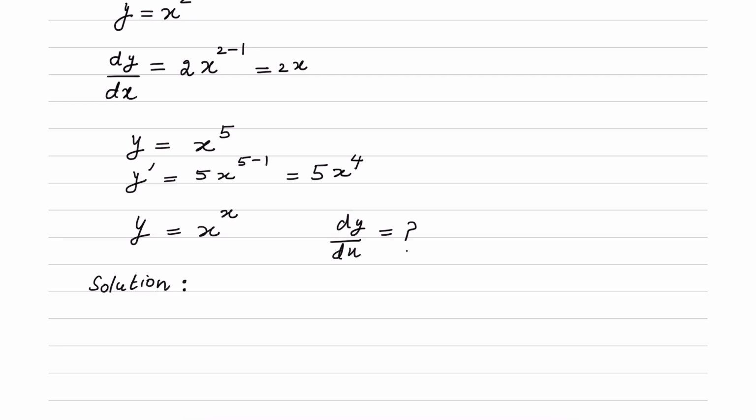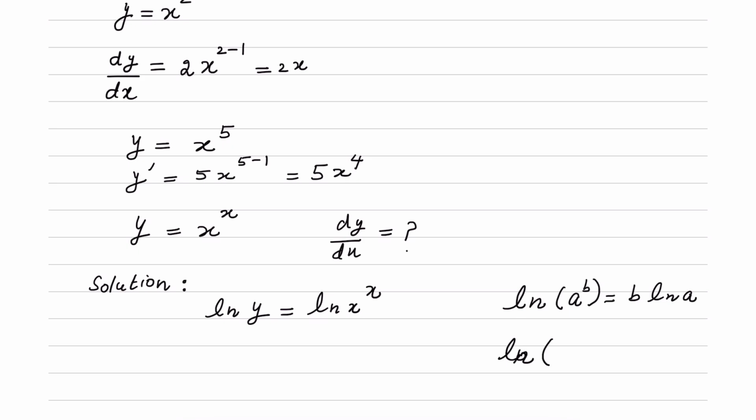x, what you will have to do first is take ln on both sides, which is a natural log. Now you know a property of natural log. Ln of a to power b could be written as the power b comes on the side and it is equal to b ln a. If you have ln, let's say, 6 to power 7, this could be written as 7 ln 6.